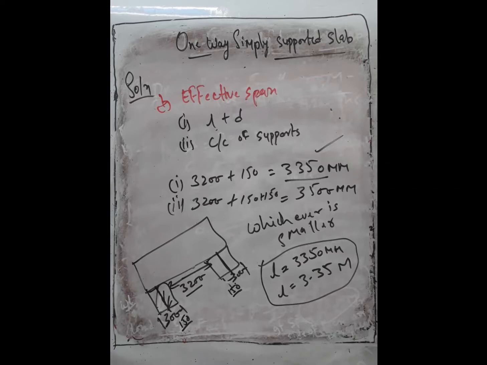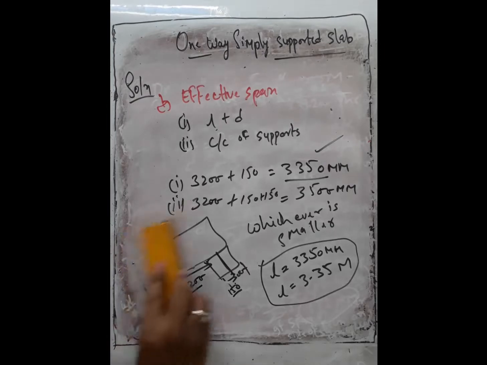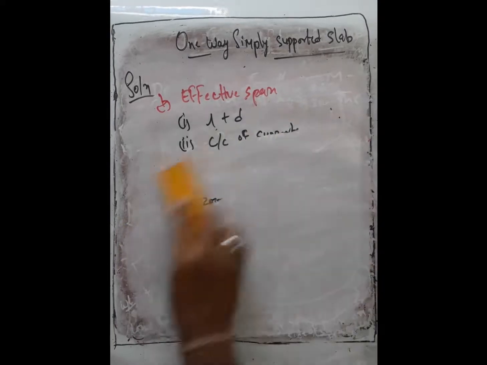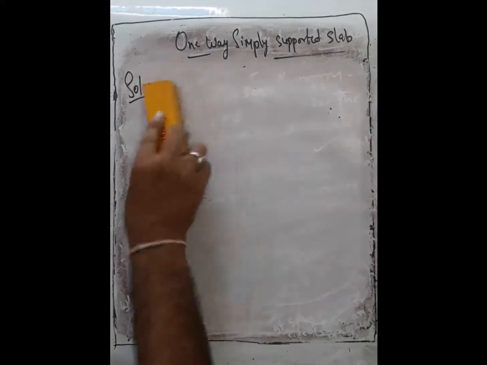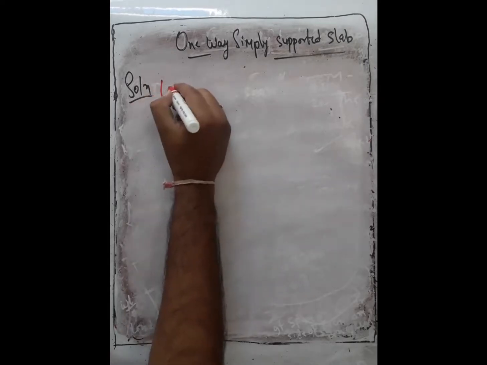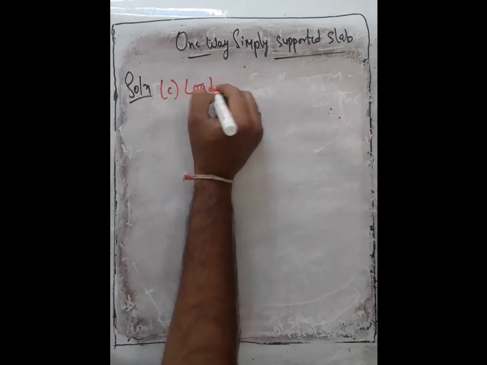Okay. Now after finding the effective span, we have to find the load. Our third step, step number C, is load calculation.